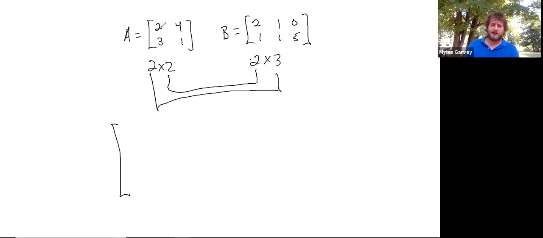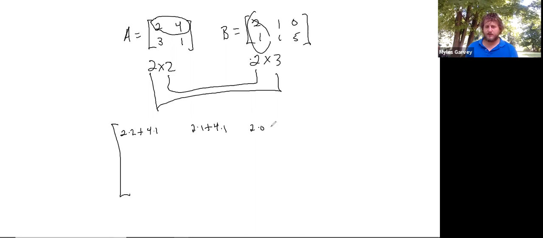First one, dot product between here and here, which is 2 times 2 plus 4 times 1. Next entry, here times here, where we get 2 times 1, plus 4 times 1. Next one, dot product of this and this, 2 times 0, plus 4 times 5.